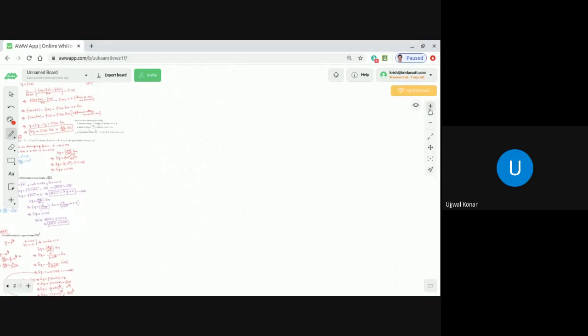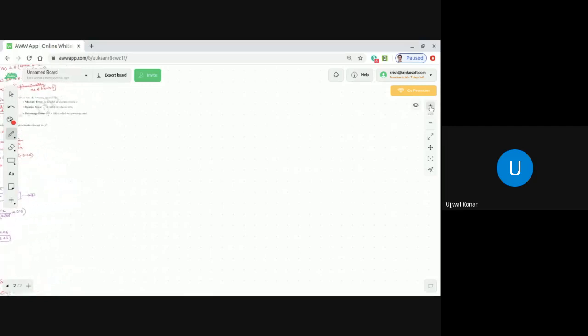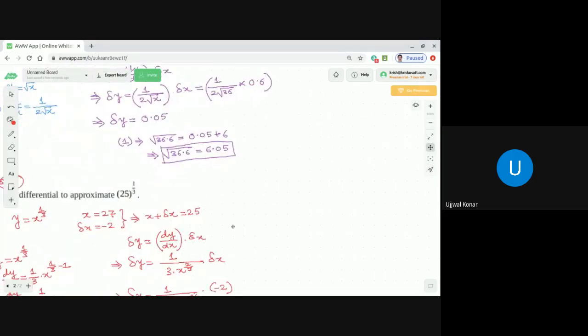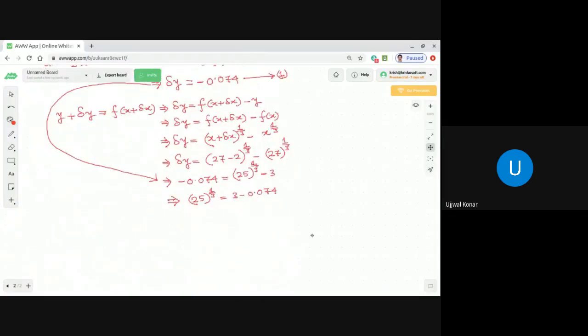Give me a minute, so I get reduced. Let me make it in the proper size. So 3 minus 0.074 becomes 2.926.